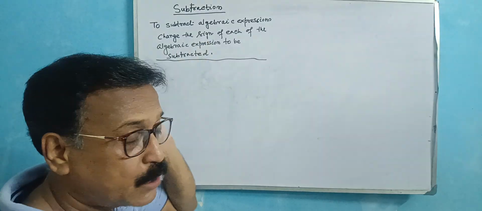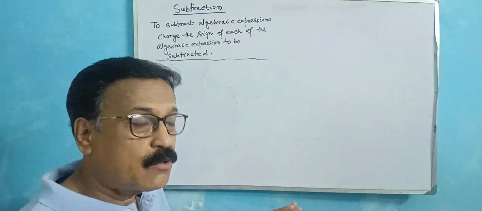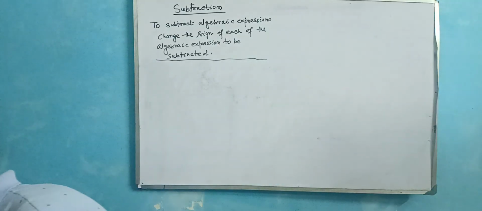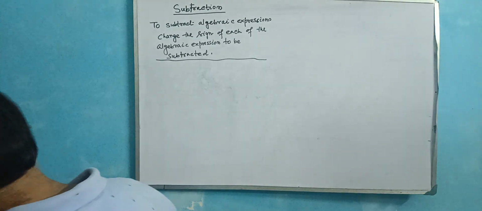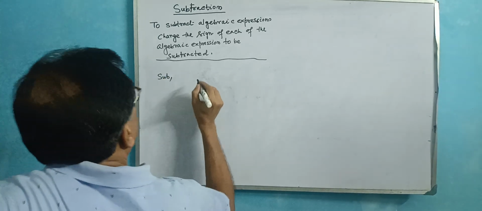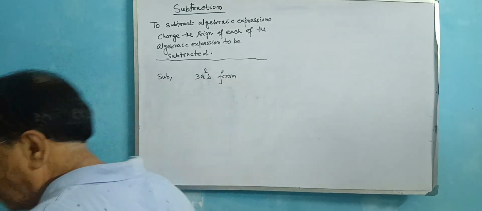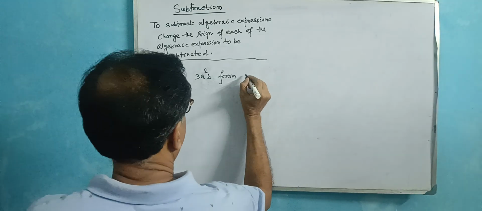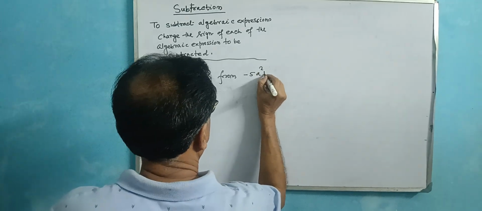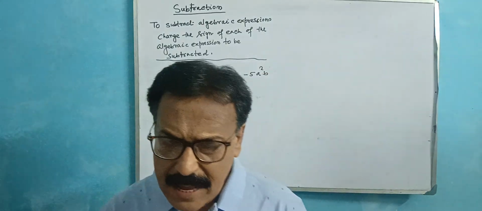But in case of subtraction, remember that the sign of the expression you want to subtract must be changed first. Okay, that is clear. Suppose a sum: subtract 3a square b from minus 5a square b. Okay, don't panic, it is very easy, just increase gradually.